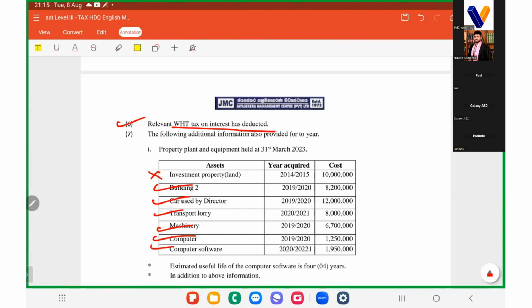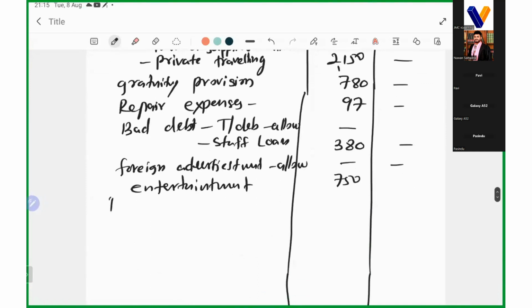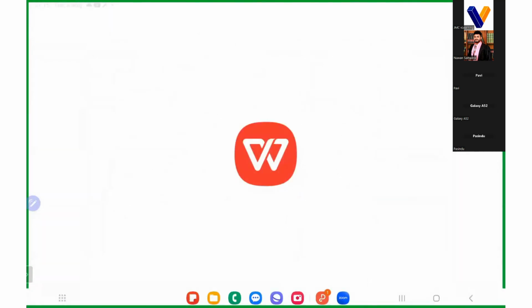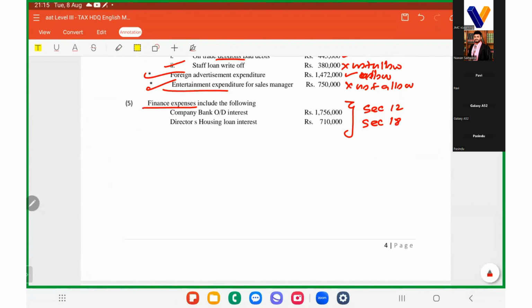To calculate section 18, have they given the loan balance and the equity? No. At that time, for the finance cost you have to check only under section 12. Here, let's see whether the finance cost was incurred in the production of business income.